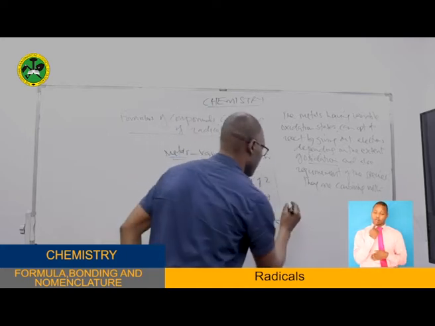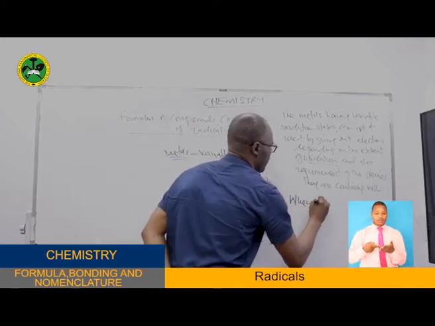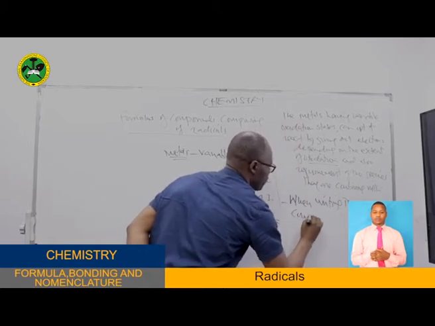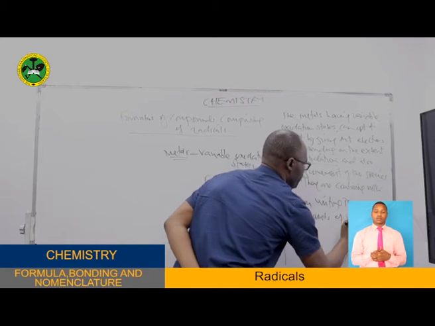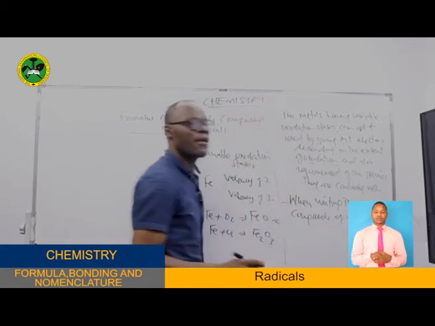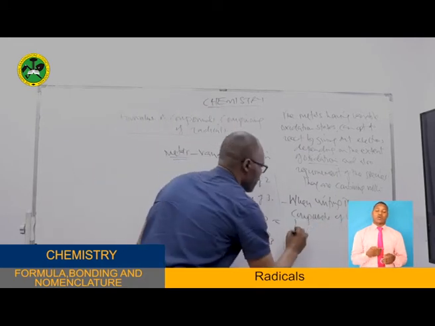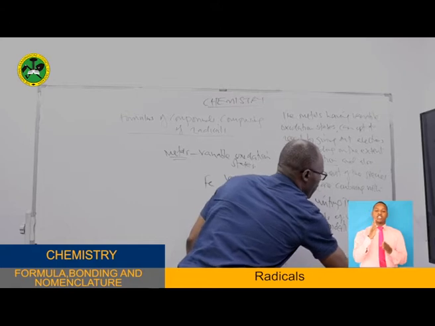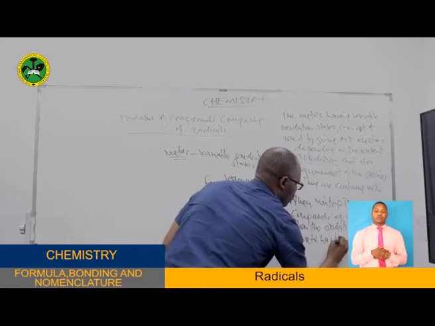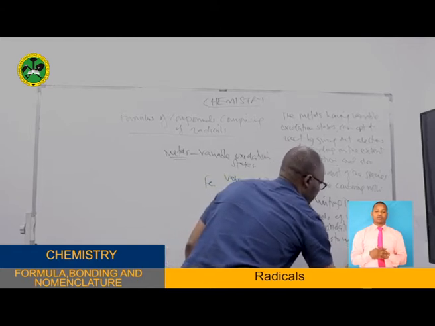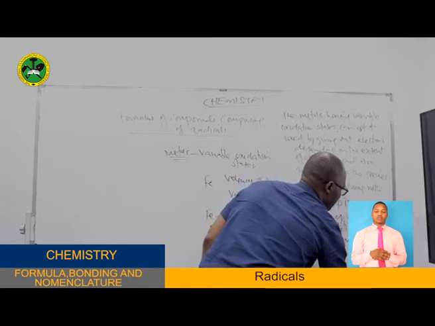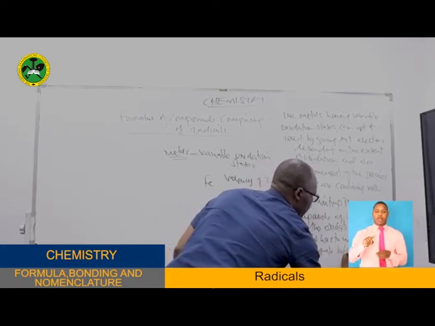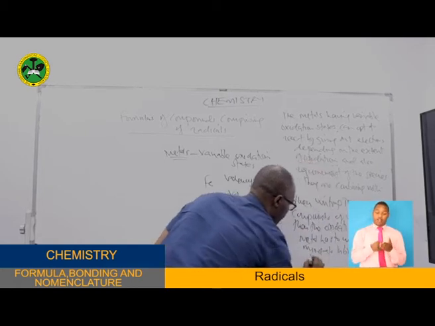So we say when writing the name of compounds of such metals, the ones having variable oxidation states, the oxidation state of the metal has to be written or given in Roman numerals in a bracket after the name of the metal.